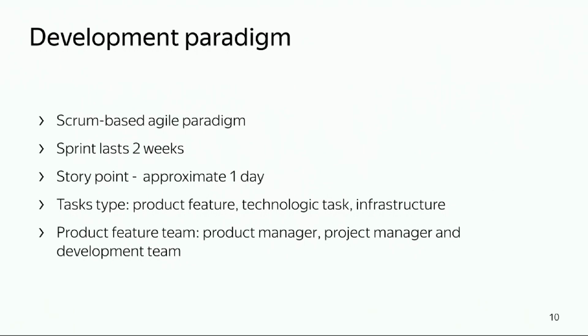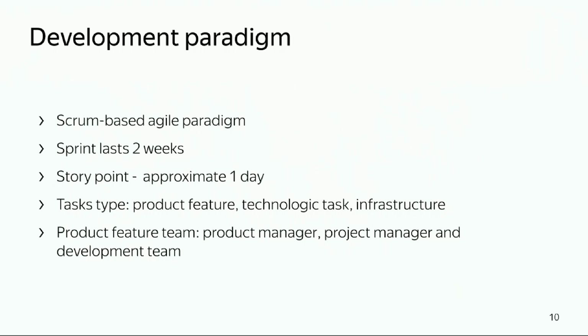So for Yandex Browser, we have Scrum-based Agile. We have sprints. Sprints last 2 weeks. We also have story points, and we measure all features with story points. One story point is approximately one work day.